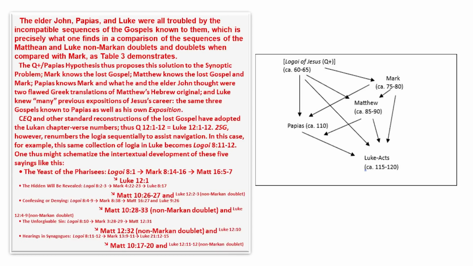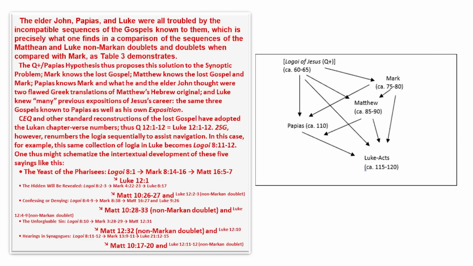And if you take a combination of these doublets and non-doublets, you can see two things that are important. One is that Matthew and Luke are getting content from someplace other than Mark. And that's what the traditional Q hypothesis is trying to accomplish. That is the two-document hypothesis.